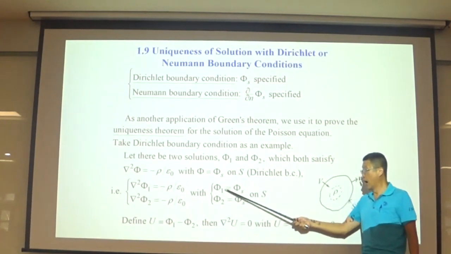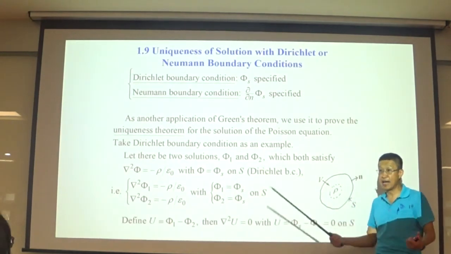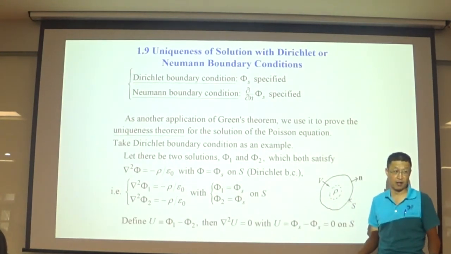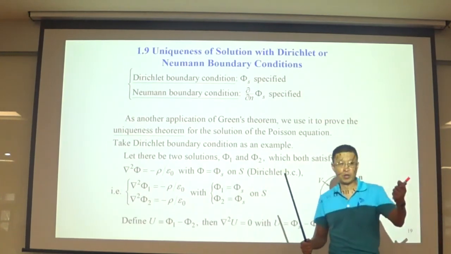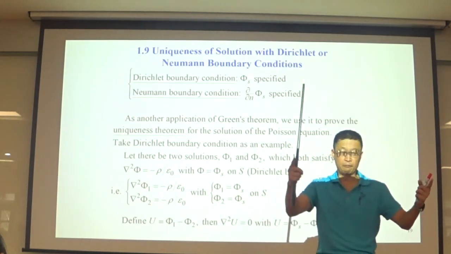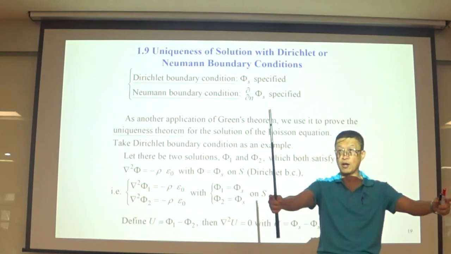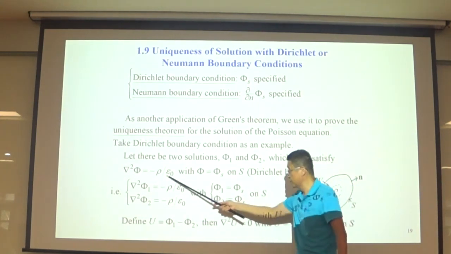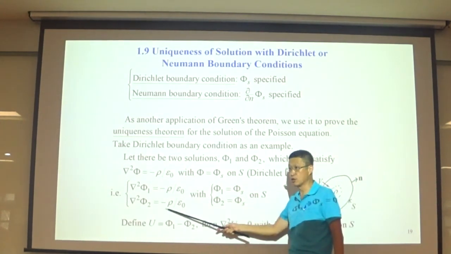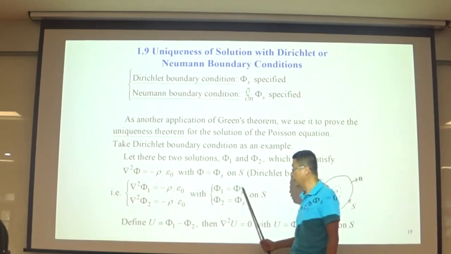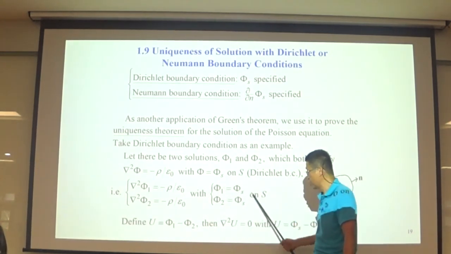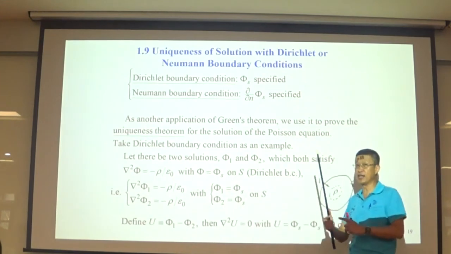And on the surface, they should be the same. Otherwise, it's not a solution. So phi 1 and phi 2 must satisfy Poisson's equation, and on the surface, they should be exactly the same.